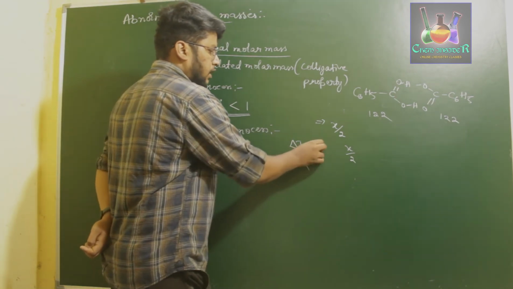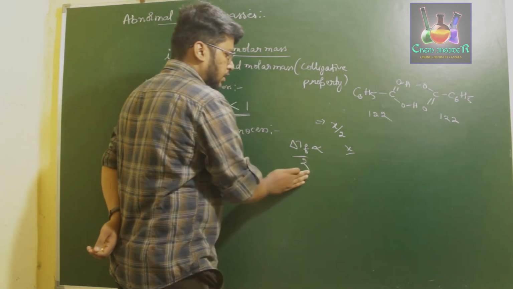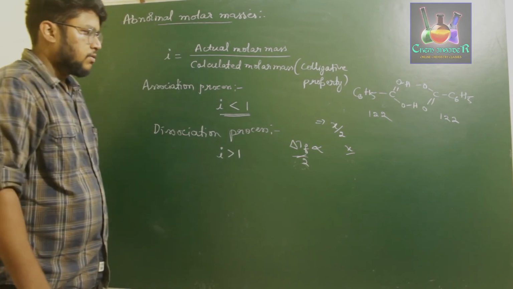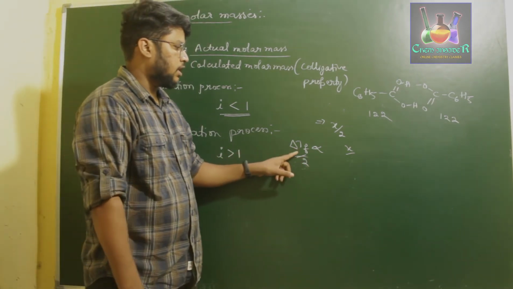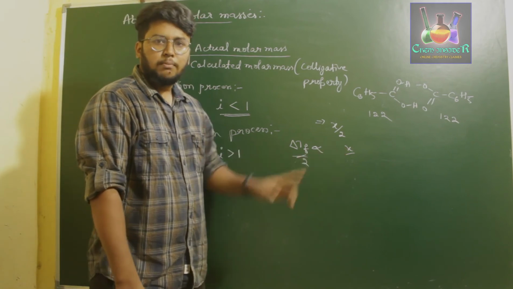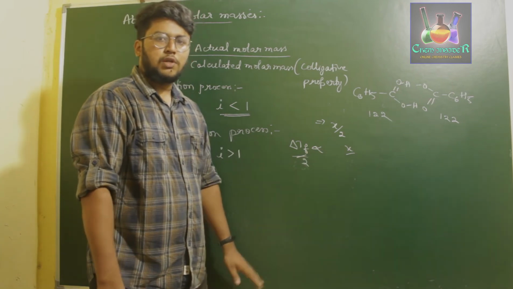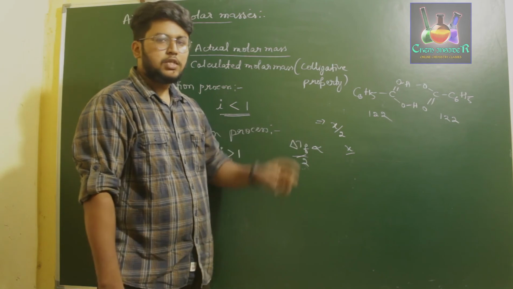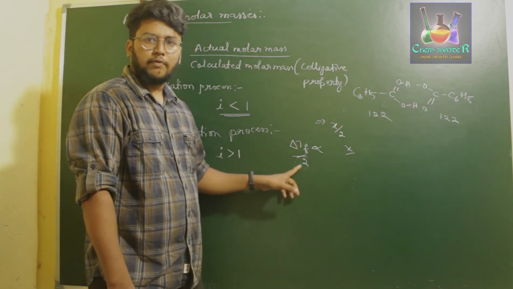Delta Tf is directly proportional to the molar concentration of solute. If the molar concentration of solute is decreased to half, delta Tf will also be reduced to half.